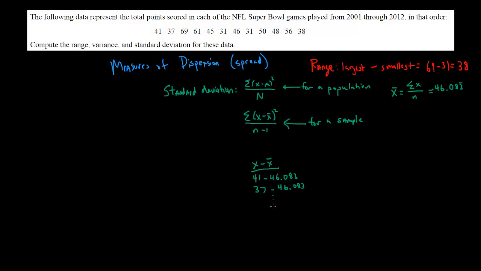Now we're going to do this all the way down until we get to the very end, 38 minus 46.083. We need to do that for each x value. Okay? So when we simplify, let's see what we get. X minus x bar. Okay, so we're going to have 41 minus 46.0.